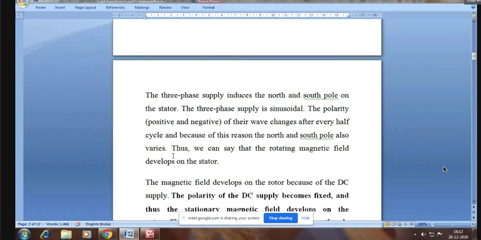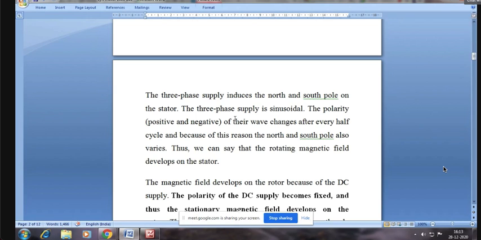Okay, doesn't matter. So I want you to go through this article, how three-phase voltage will result in a rotating magnetic field. A very brief answer to that is what we discussed just now. Three-phase supply is sinusoidal and its polarity keeps changing at regular intervals of time. That being the case, when such a voltage is applied to the stator or the armature, that results in magnetic poles which vary in polarity at regular intervals of time.